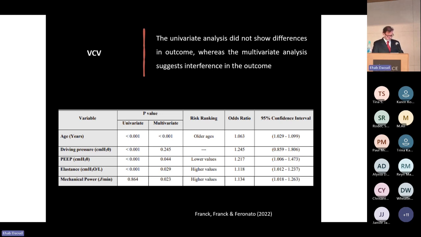This set of PEEP, elastance, and mechanical power in the multivariate analysis is very interesting in VCV. Note that the indication of increasing mortality occurs with the reduction of PEEP values, increase in elastance, and mechanical power.